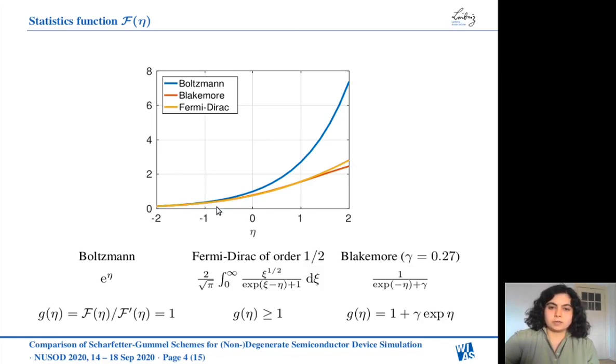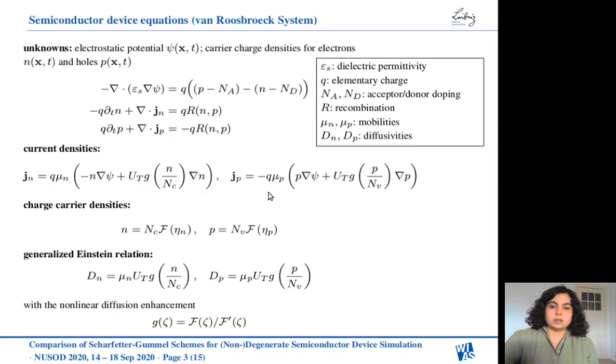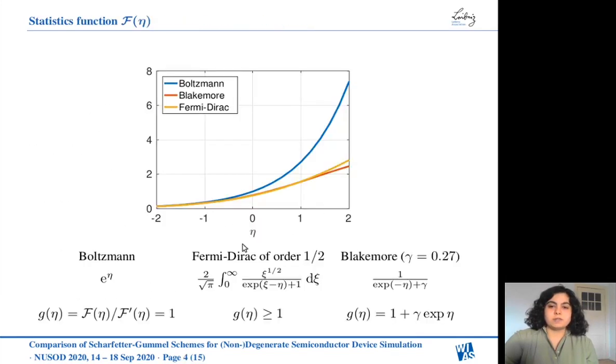Concentrating on the figure, we see that for large negative arguments, all functions nearly coincide. In this area, the nonlinear diffusivity vanishes due to the definition of the diffusion enhancement, and thus the physics and the numerics in this area are well analyzed.